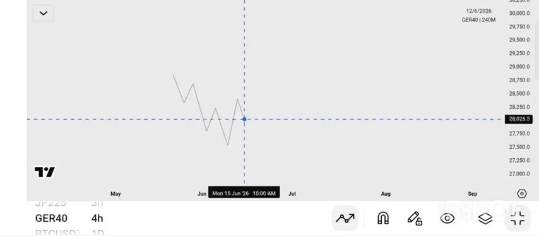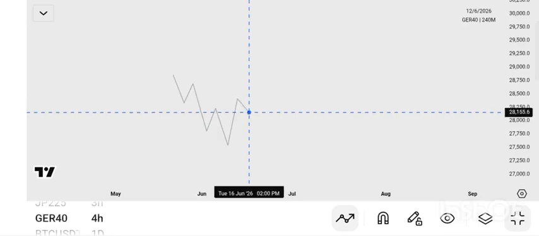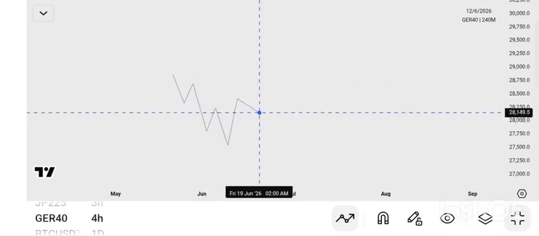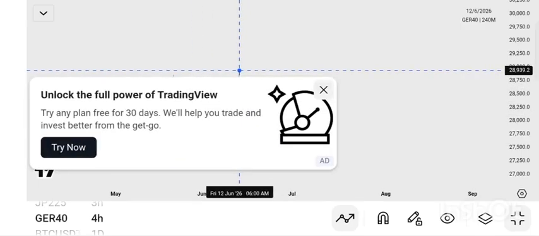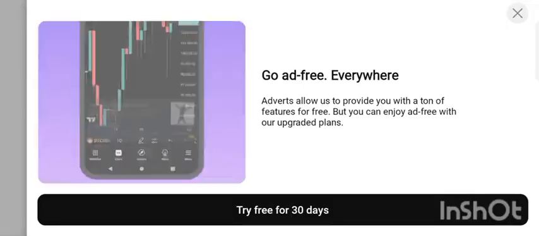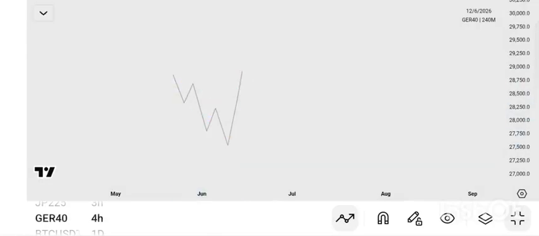They said the change of character is an indication. It's not a confirmation that price is turning to the opposite direction, but just an indication that price might likely turn. How we know is when price gives us a break of structure in that same direction, that one they call a double break of structure.